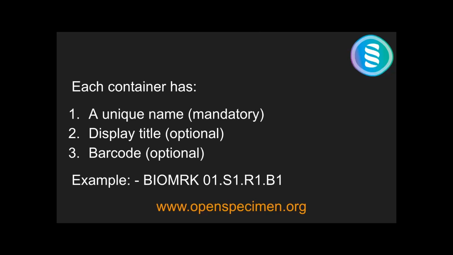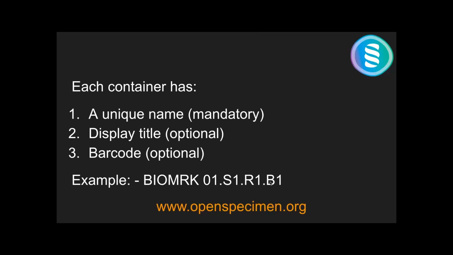The second type is a display title, which is nothing but a caption. It doesn't have any uniqueness check. These are more like intuitive or user-friendly names for specific boxes.